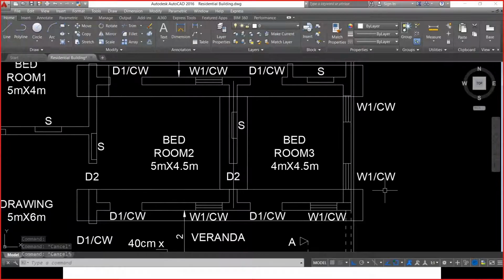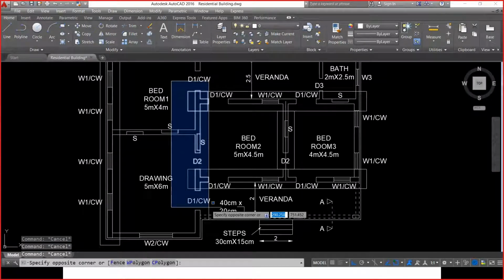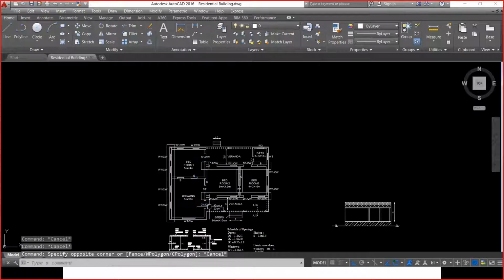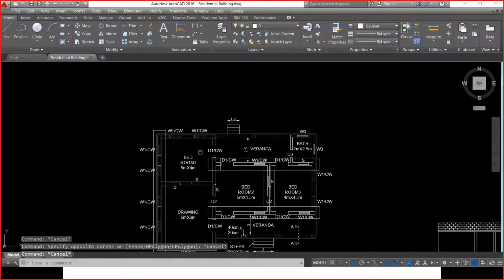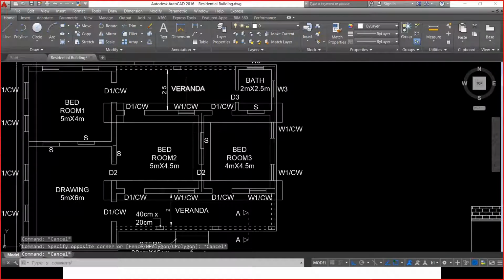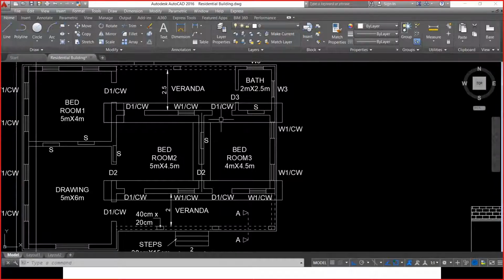So let's calculate how many numbers of short walls are there. I don't have to consider this wall, I repeat, I don't have to consider this wall, because this wall is already being considered under area number 1. So I just have to consider this as the short wall number 1 and this as short wall number 2. There are no other short walls. So I'm going to consider the number as 2, and the length is of course 4.8 meter, the center to center distance, minus 0.9 by 2 over here and minus 0.9 by 2 over here.